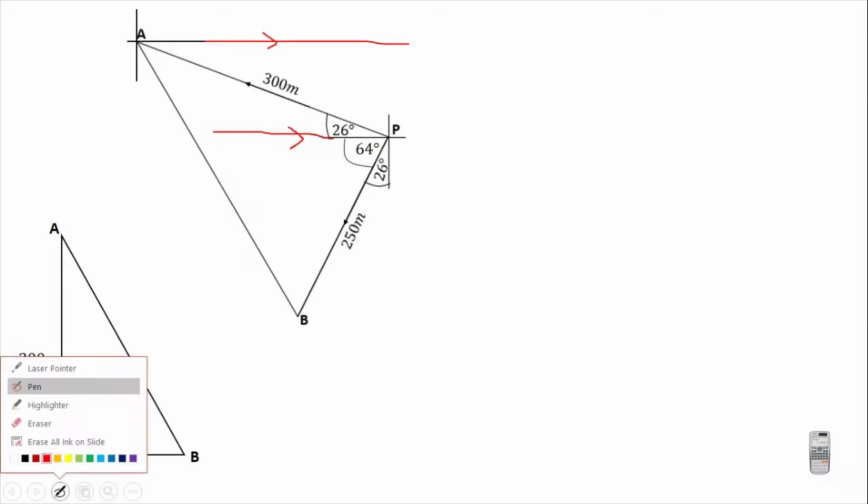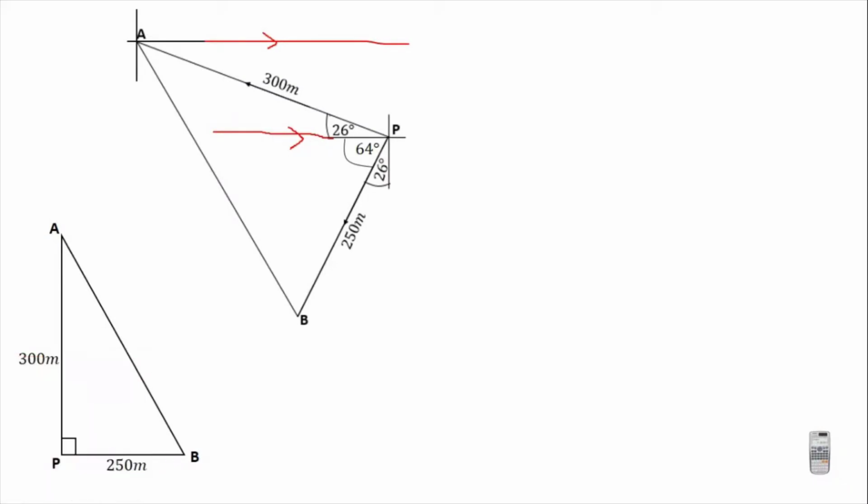And if line AP is a transversal, then the angle created here and the angle created here are alternating angles. What do we know about alternating angles? We know that alternating angles are equal. So if here is 26 degrees, then the angle formed here is also going to be 26 degrees. So we found this angle.